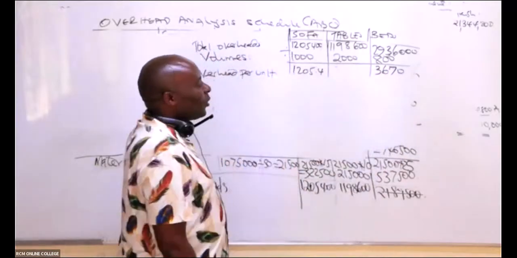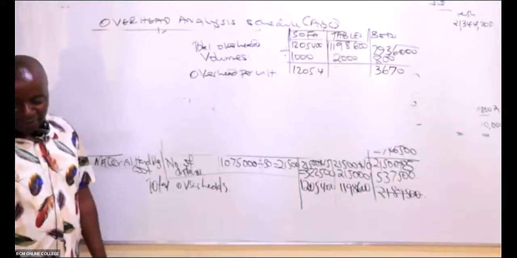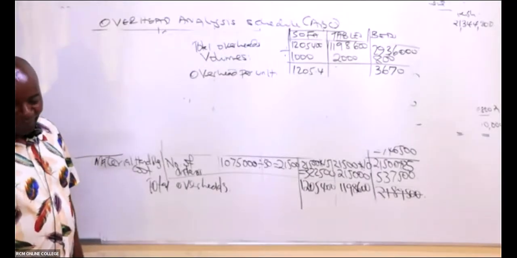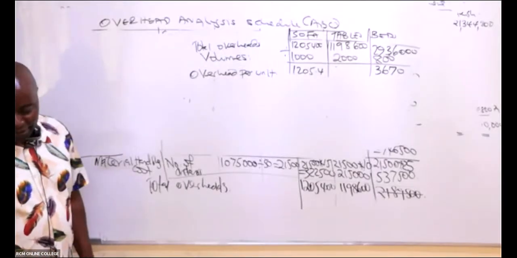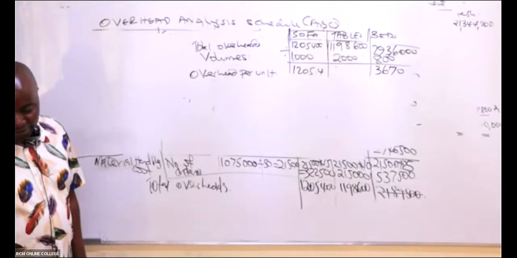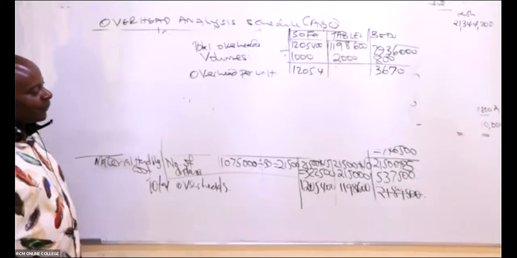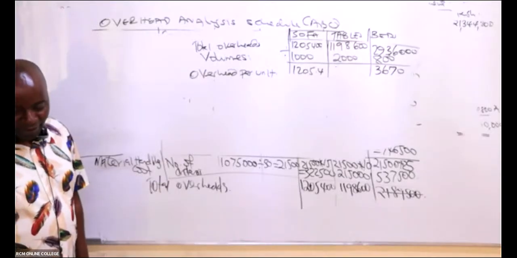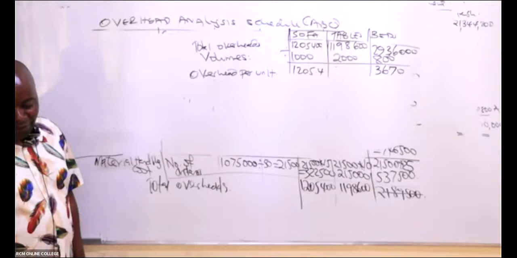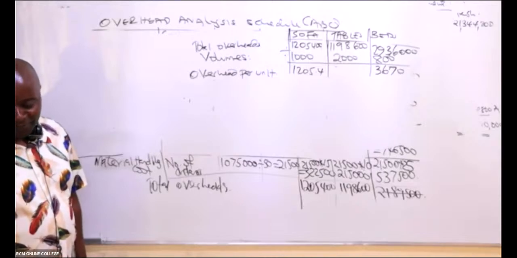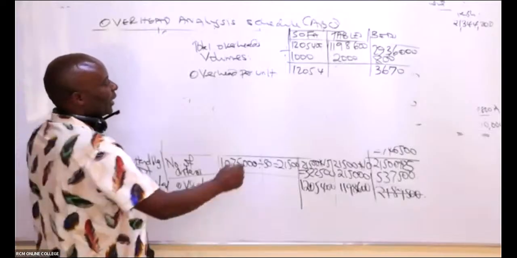How about the tables? 29,000 divided by 36,000. So tables, 0.599. Why online students, I can't hear you at all.